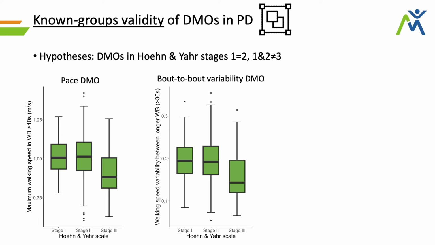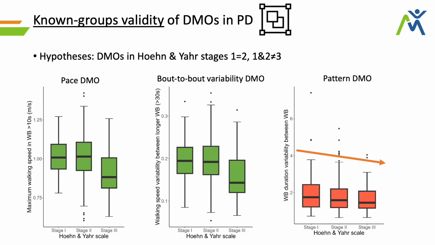We see a very similar pattern in walking speed variability, one of the variability DMOs. However, we do not see this with this pattern DMO, walking bout duration variability, which suggests that this DMO doesn't have good known groups validity.